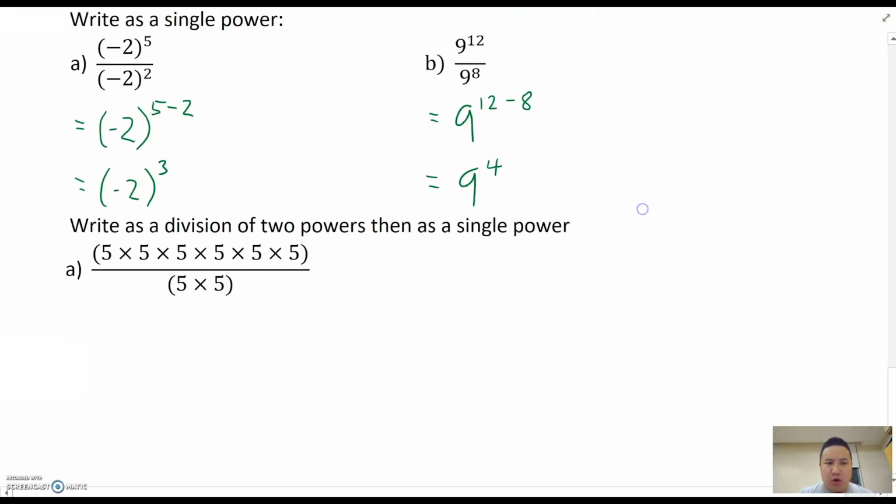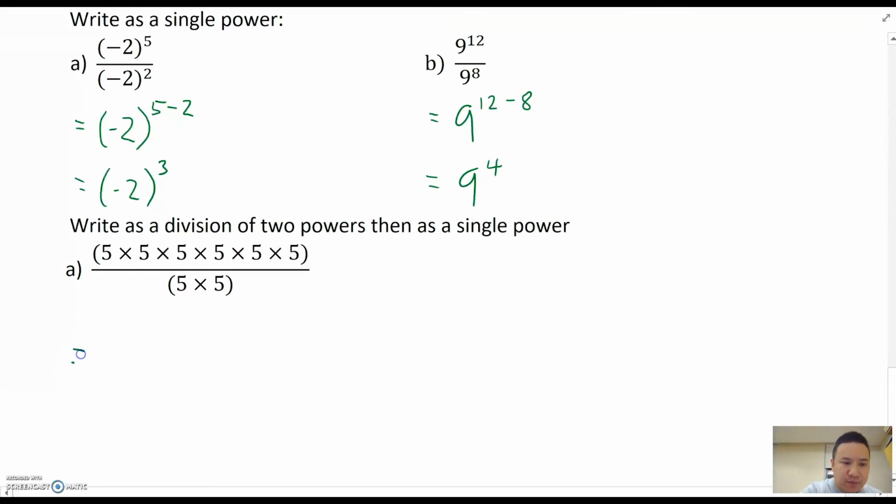Here, let's take a look at another example. This one says, write as a division of 2 powers, then as a single power. So similar to the other example from the first exponent law, they want us to take the stuff in brackets and write that as a power first. Then we're going to go ahead and divide and get a single power as our final answer.